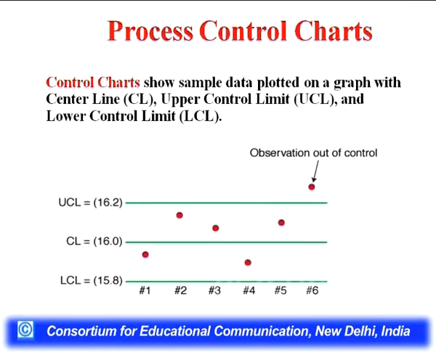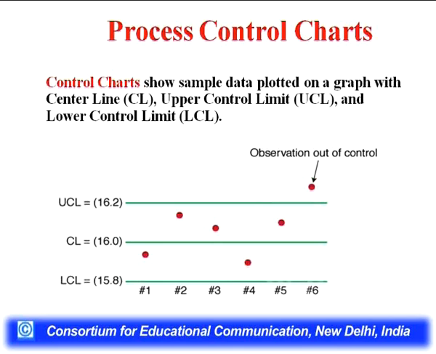Look at this diagram. Control charts show sample data plotted on a graph with center line CL, upper control limit UCL, and lower control limit LCL. A typical product is being manufactured. Center line, we are looking for 16 millimeter diameter.